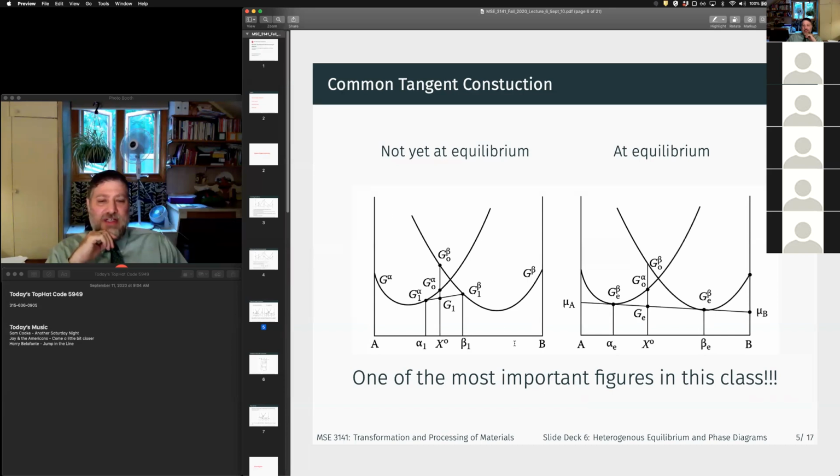If I draw my tangent here, my chemical potential for B in alpha is up here, and my chemical potential for B in beta is way down here. What's my system going to do? I've got a chemical potential gradient now for B. I'm going to move from my region of high chemical potential to my region of low chemical potential. So my B is going to leave alpha and go to beta.